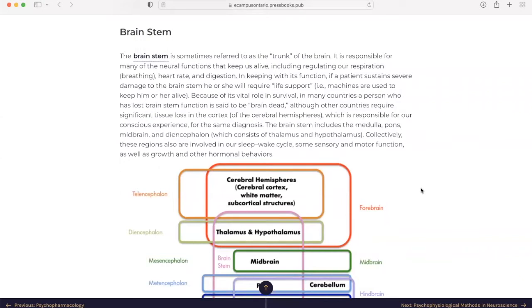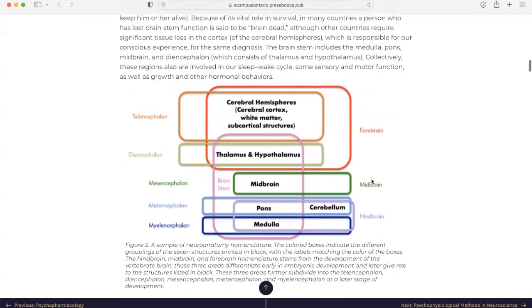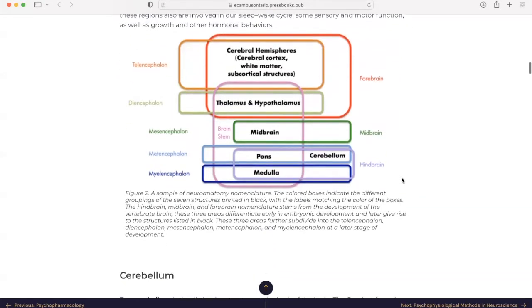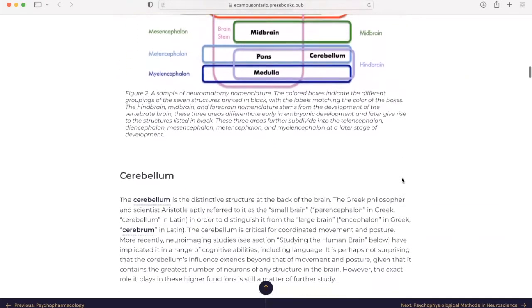These regions are also involved in our sleep-wake cycle, some sensory motor function, as well as growth and other hormonal behaviors. If you're watching this on YouTube, there's a really nice description and outline of how this all connects, so maybe take a quick look.